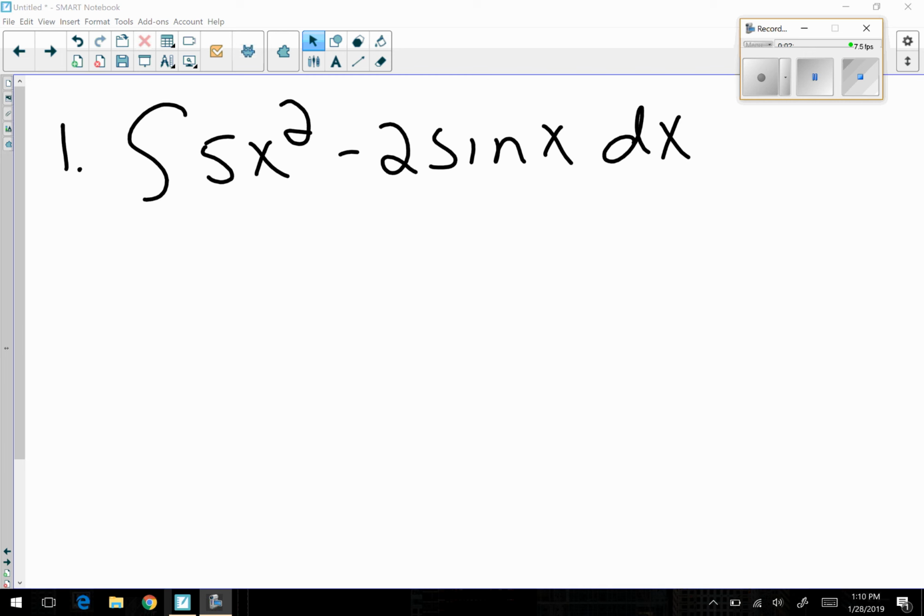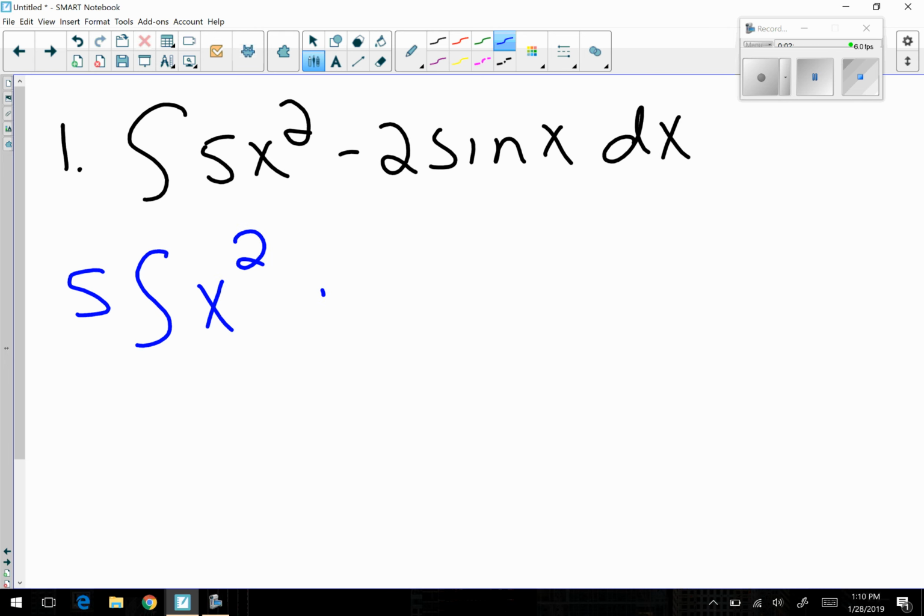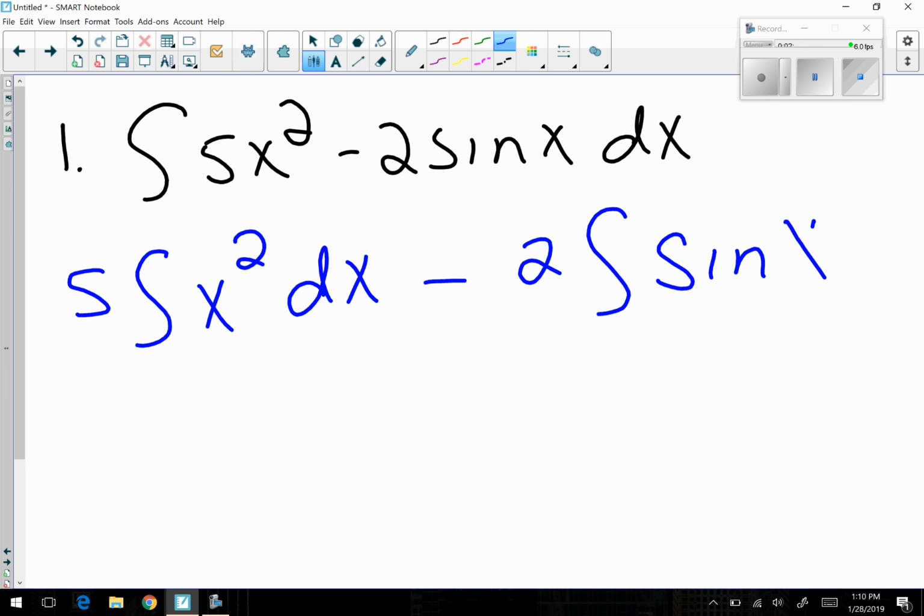So on the quiz, this was our first problem. And it's just an indefinite integral, so we're just using our integration rules. So if we recall, if we are subtracting two functions, we can split this up. So I can integrate 5x squared, and by constant rule, I can pull the 5 outside. This is x squared dx. Minus, I can pull the 2 outside, and it's the integral of sine of x dx.